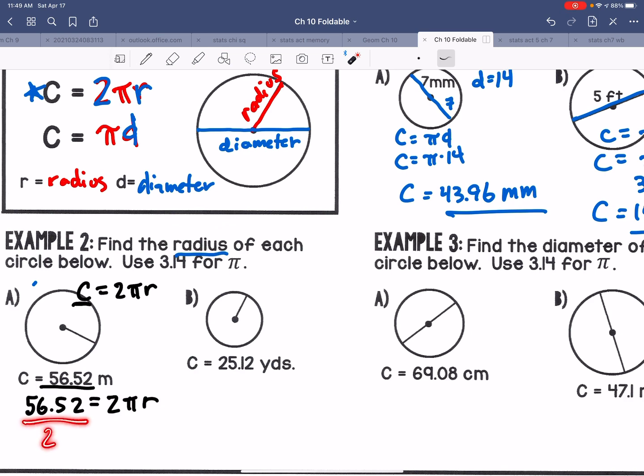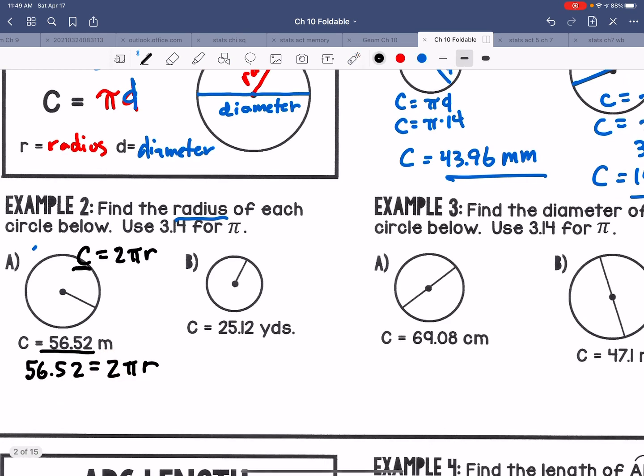So in the end, the 2 pi come down here. So we've been working since trig to move this number down there to kind of cut out a lot of writing and make a shortcut. So 56.52, I can rewrite with the 2 pi down here, leaving r by itself. Now it's just a matter of typing in our calculator.